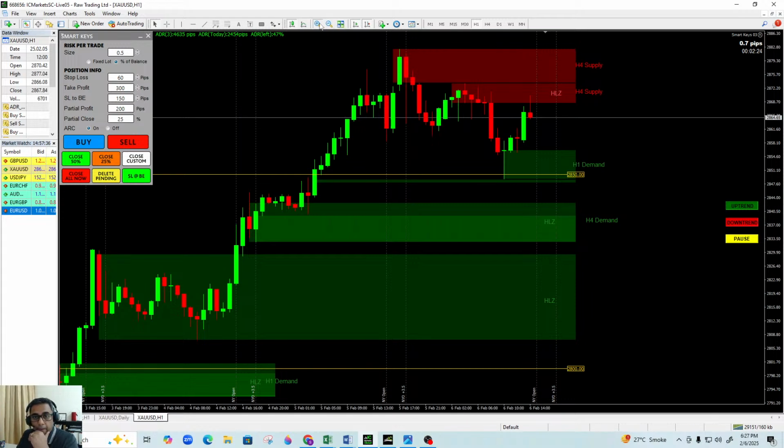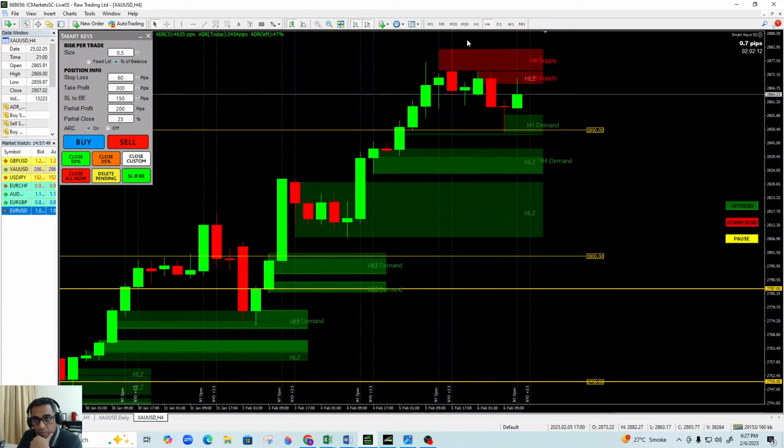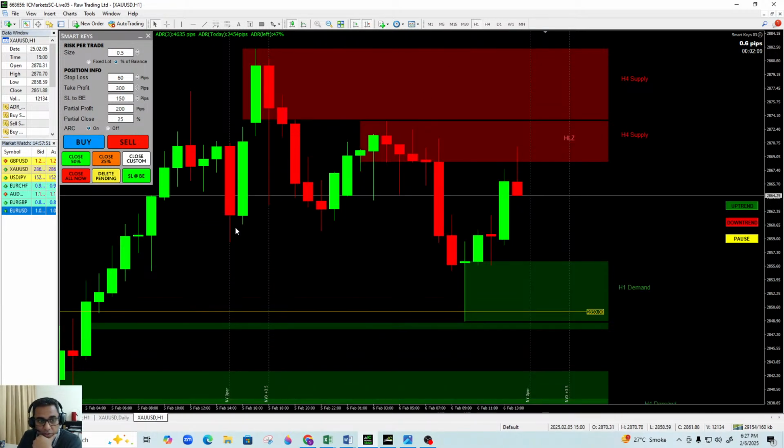Okay. The one above. This 4 hour supply. Did it take out anything to the left? Yes, there was demand right here, right? So this 4 hour supply zone took out this zone here. Let's go down to the 30 minute.